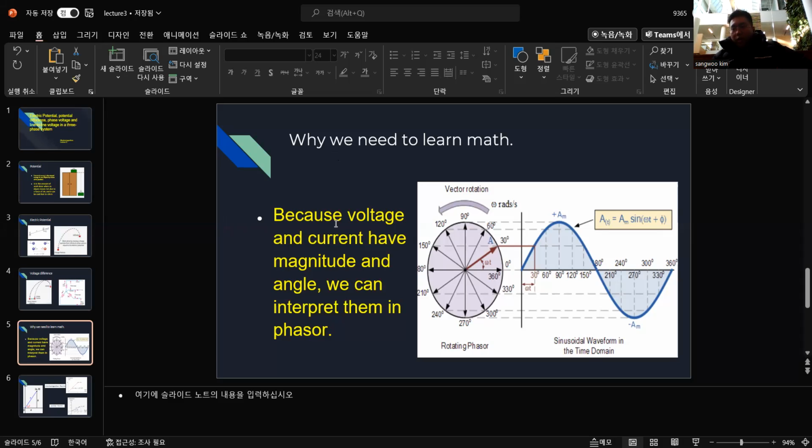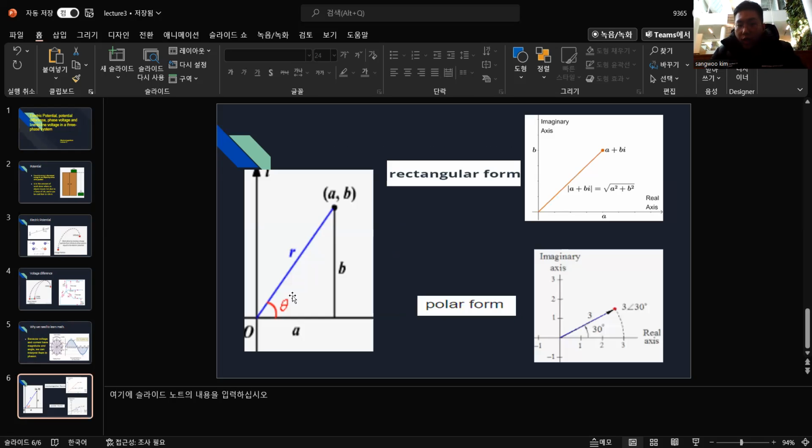So we could interpret them as phasors because they have a magnitude and angle. Magnitude is the arrow, angle is the theta. Right? So every angle has a different value. That's why we make it sine or cosine, right? That's it. Look at that. In the triangle, R is magnitude, theta is angle.